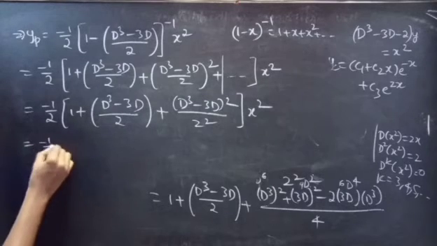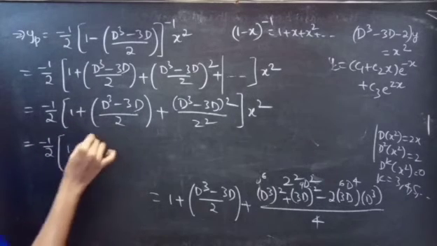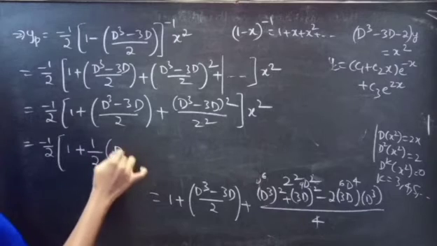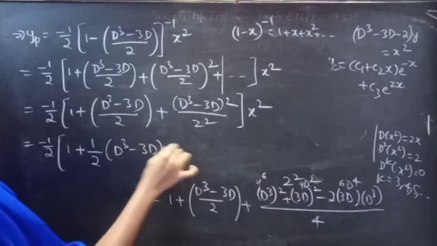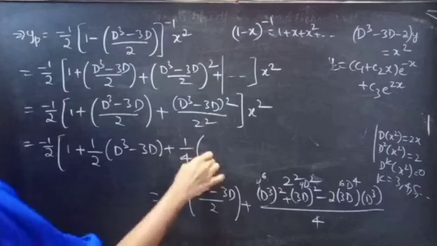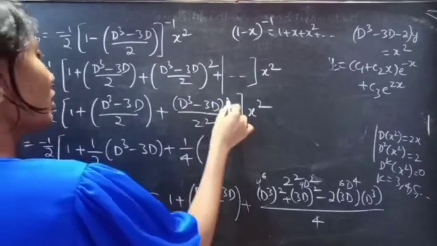This is equal to minus 1 by 2 into 1 plus 1 by 2 into d cube minus 3d plus 1 by 4 into d cube minus 3d whole square.